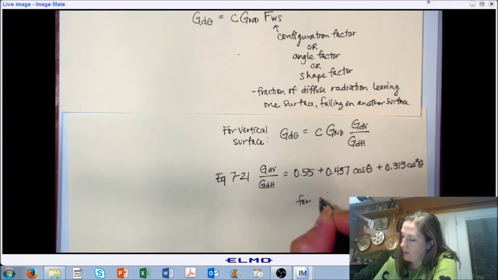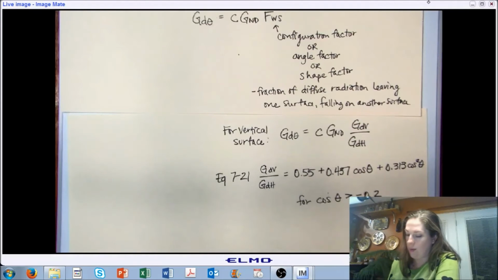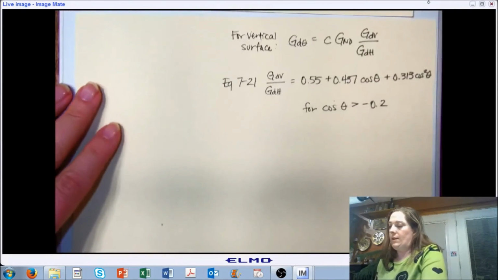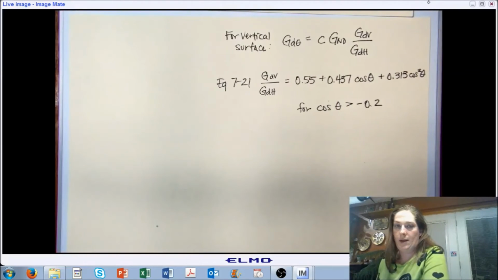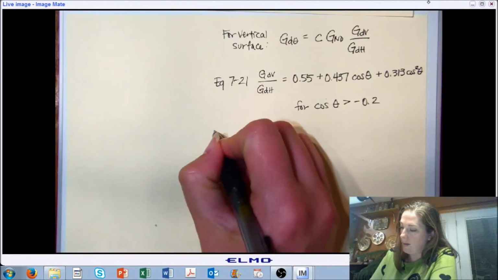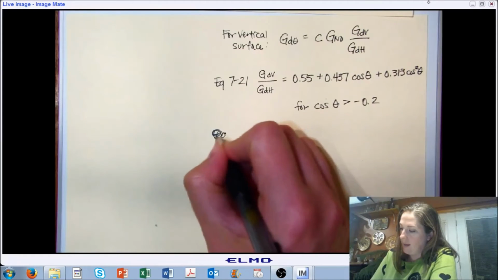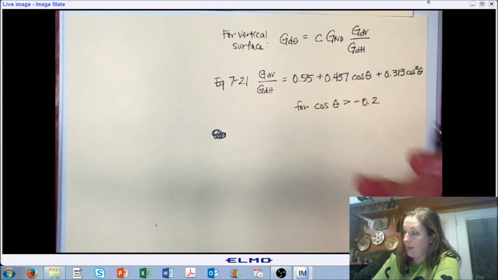So this is the equation for cosine theta greater than negative 0.2. And as far as I know, these equations are essentially curves fit to data and aren't derived from anything. But I could be wrong about that.